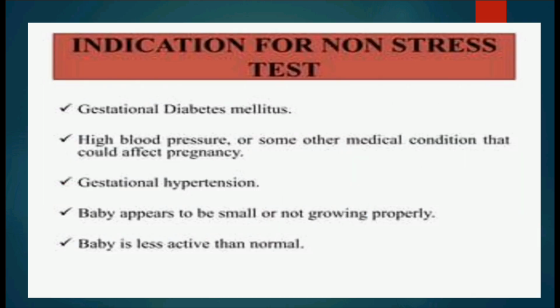What are the indications for non-stress test? That is gestational diabetes mellitus, high blood pressure, or some other medical condition that could affect pregnancy, gestational hypertension, or the baby can appear to be small or not growing properly in the womb, or less active than a normal baby.